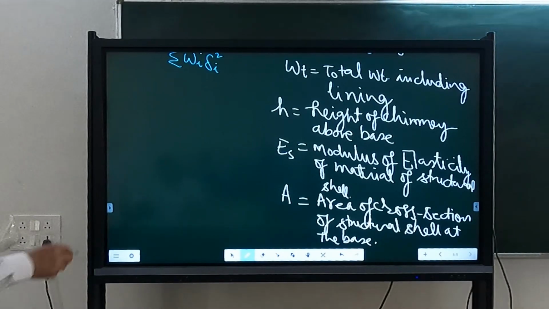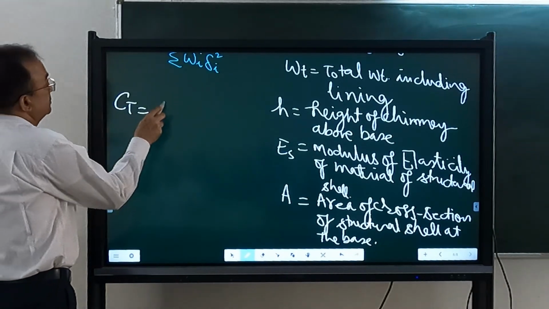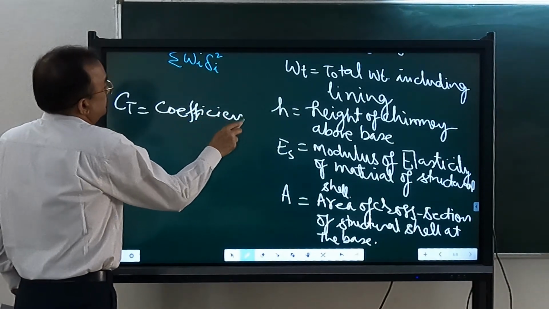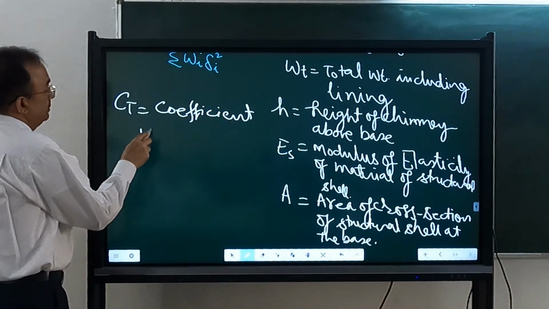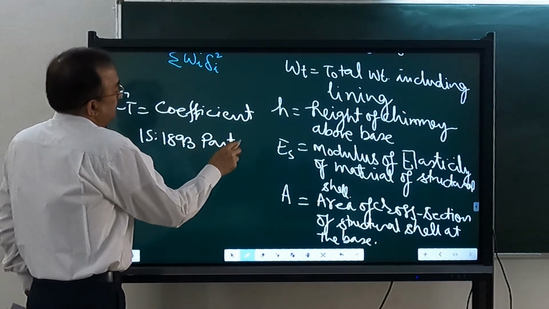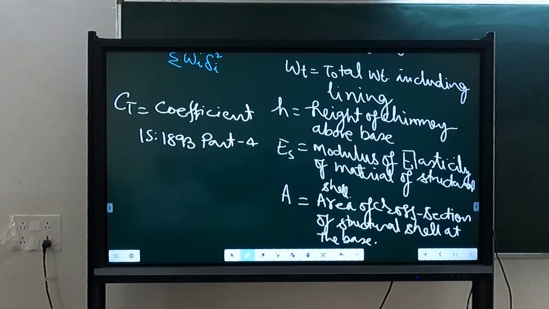And this coefficient Ct is given by the code. So if you have a copy of the code, you can look.